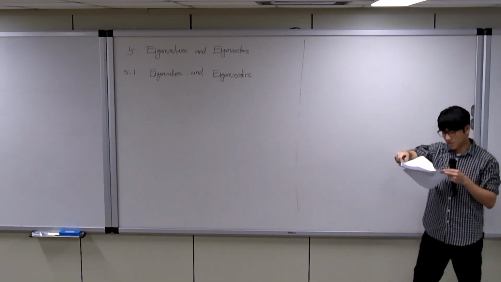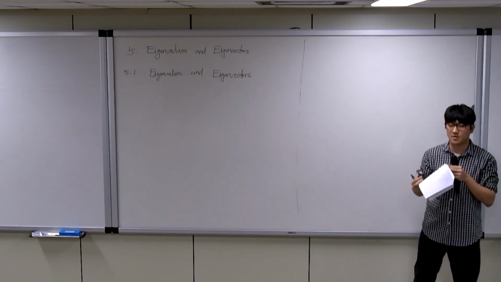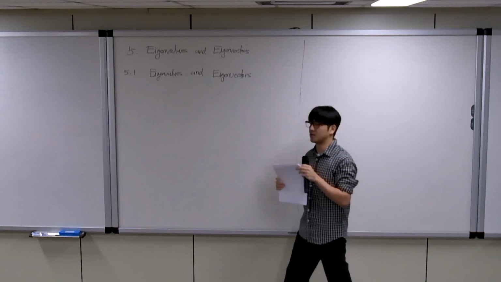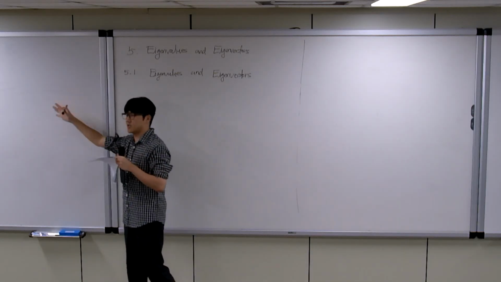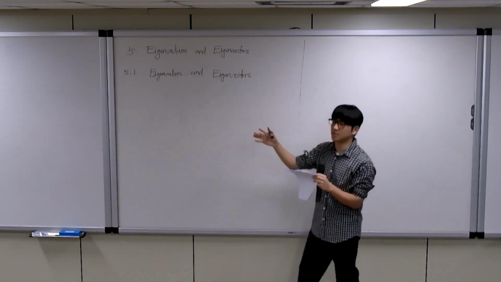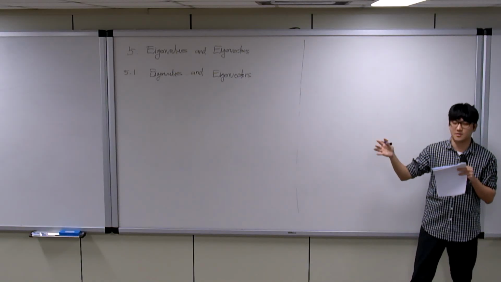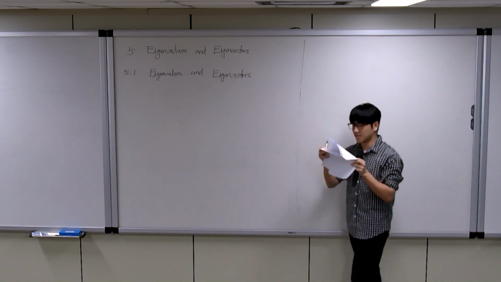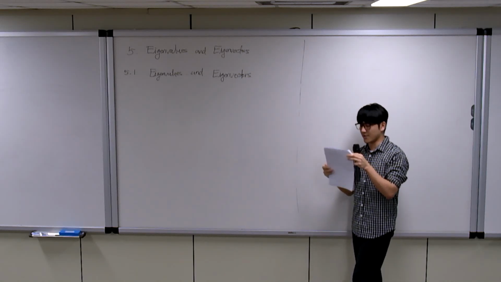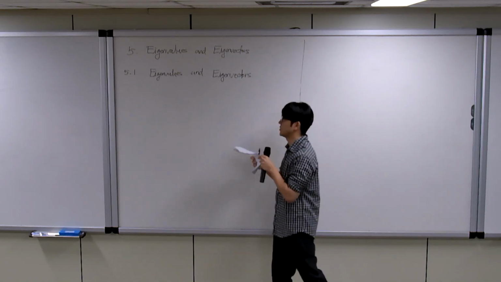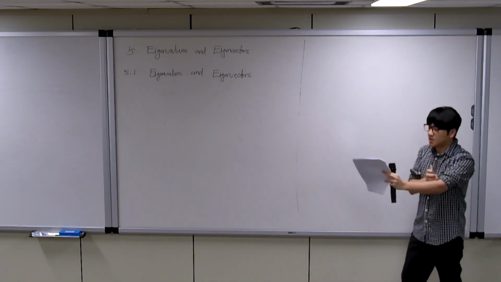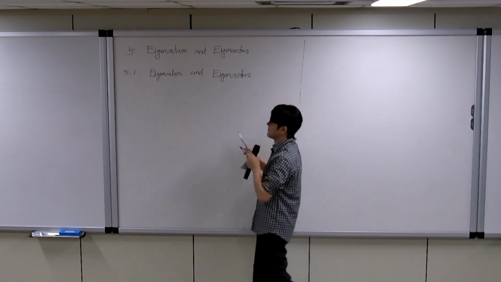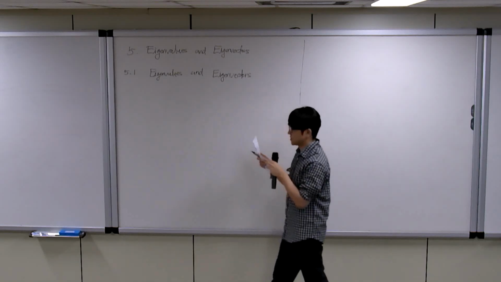It is just considering the nullity as a linear system, the solution space of the homogeneous linear system, and it makes sense. So I will skip that theorem and let's enter the next chapter, eigenvalues and eigenvectors.